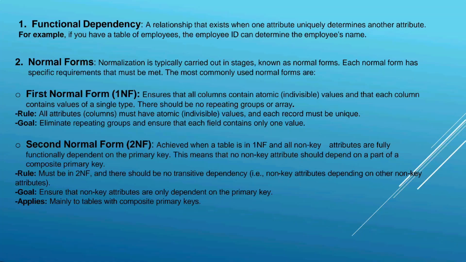Rule: must be in 1NF and there should be no partial dependency. Goal: ensure that non-key attributes are only dependent on the primary key. Applies mainly to tables with composite primary key.